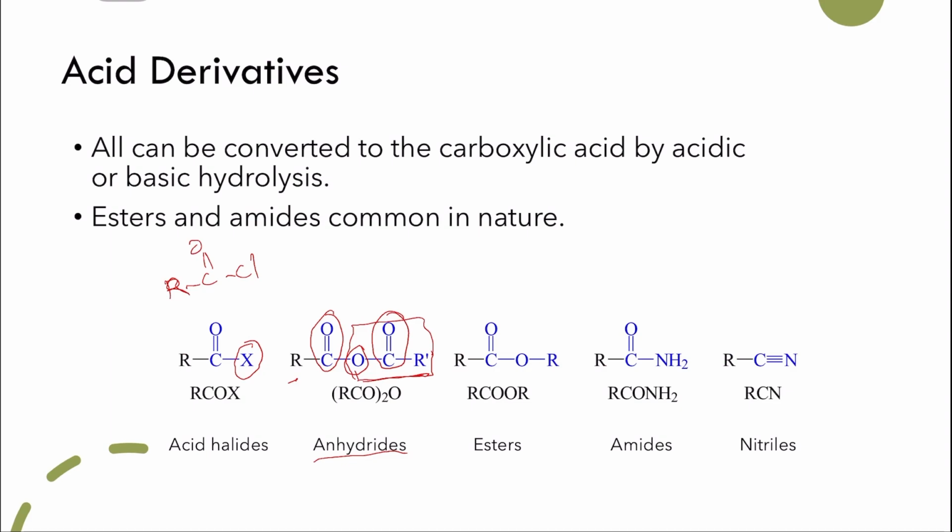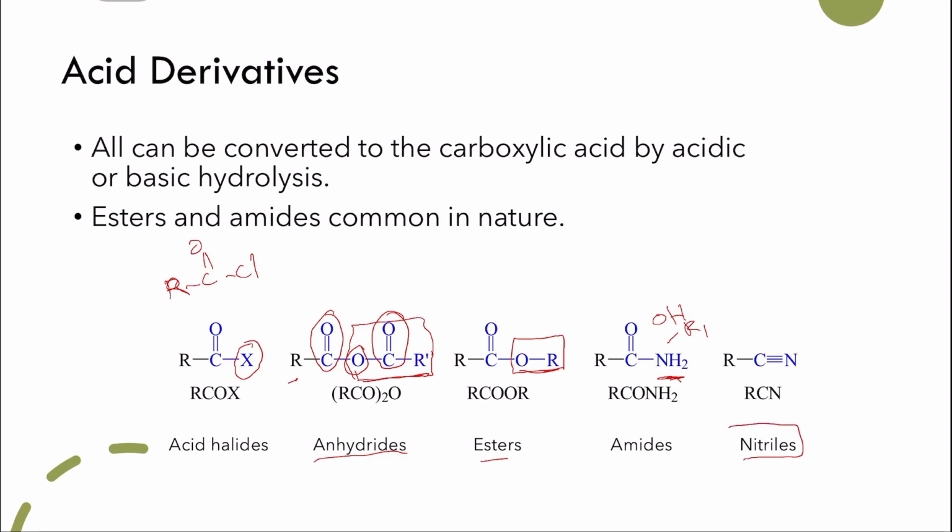The esters: when you replace the OH with an OR, the alkoxy group, this is called an ester. Then we have the amide when we replace the OH with an NH2. The amides can be either primary with just NH2, or if the N is substituted with other alkyl groups, it can be secondary and tertiary, and we're going to talk about that.